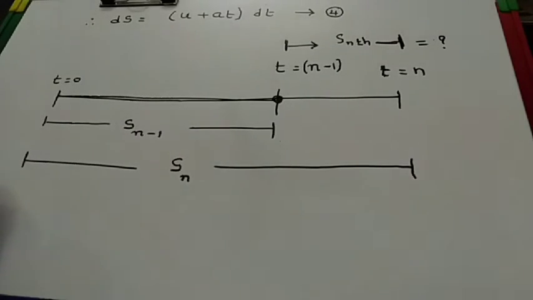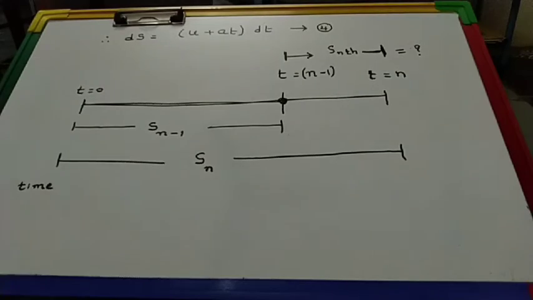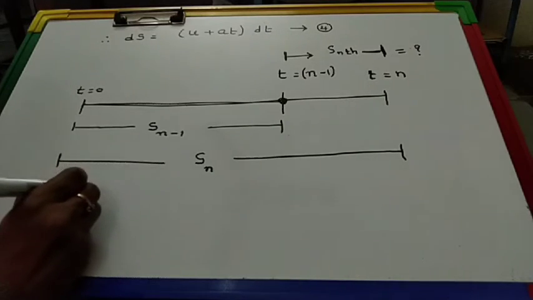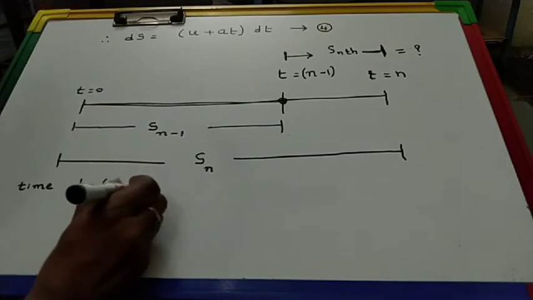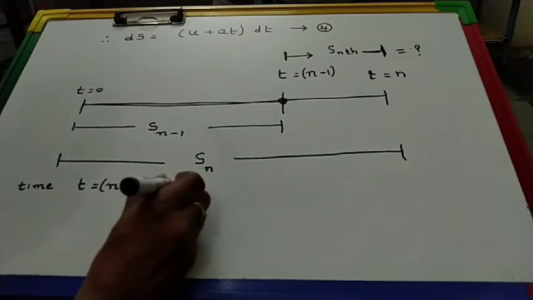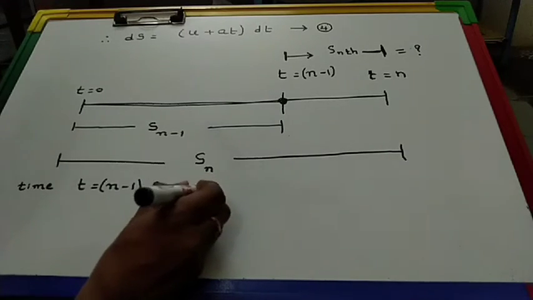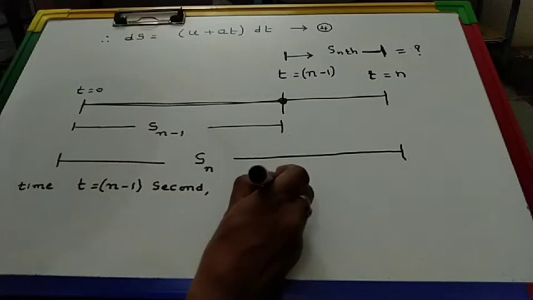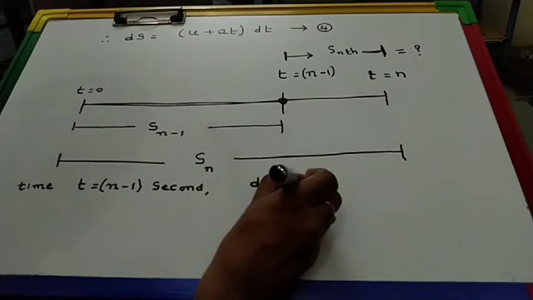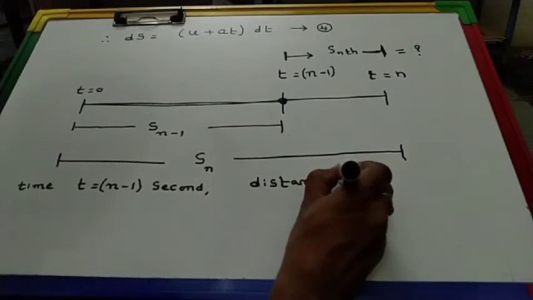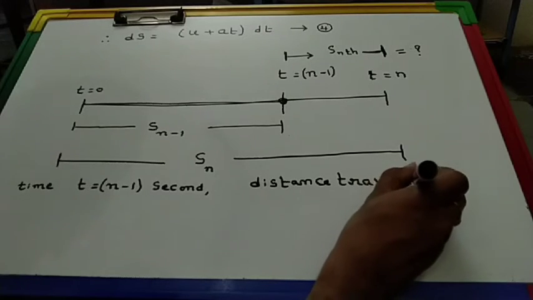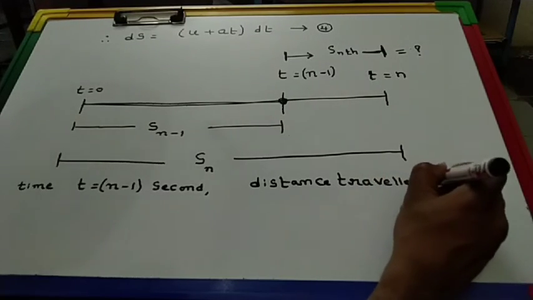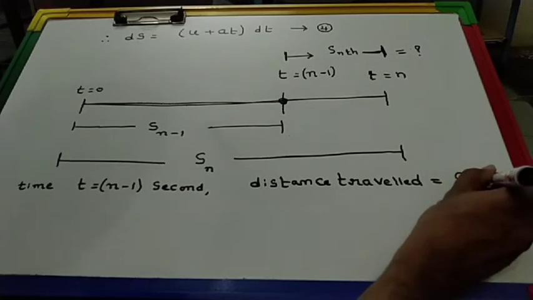If time t is equal to n minus 1 second, distance traveled is equal to Sn minus 1.